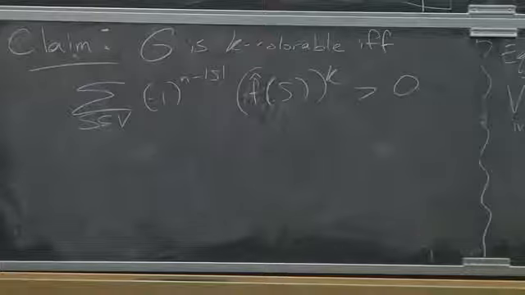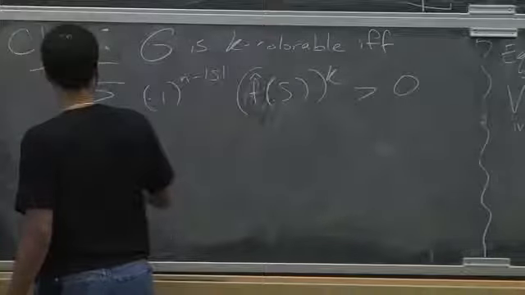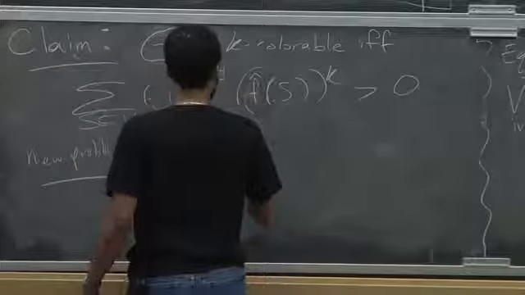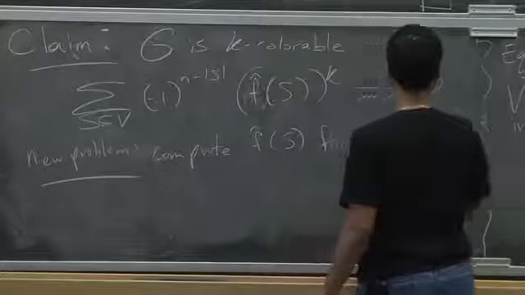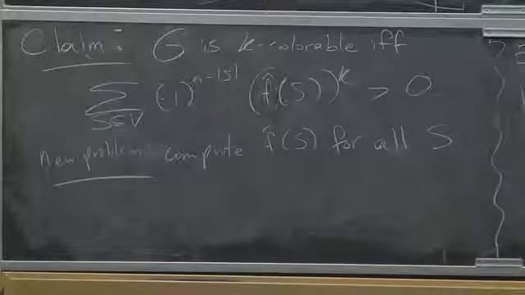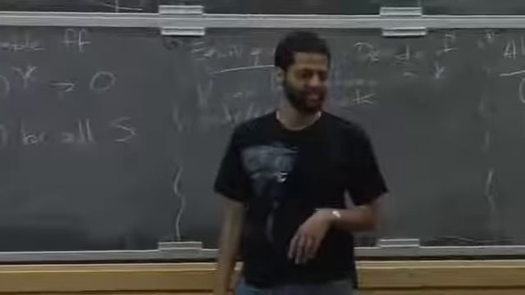So basically the new problem is to compute f hat of S for all S. Okay, and I claim that you can do this in the time and space that I said, and maybe I'll devote the beginning of Tuesday to explaining why, and then we'll do something else. Okay.